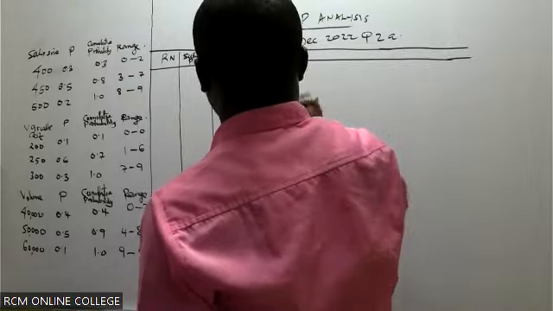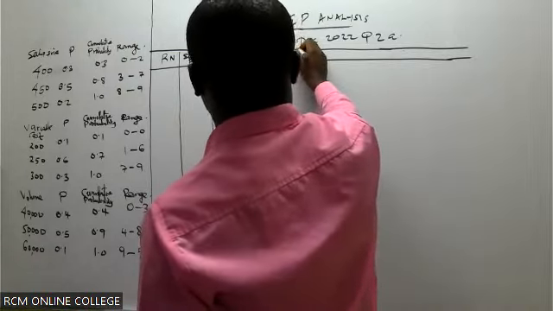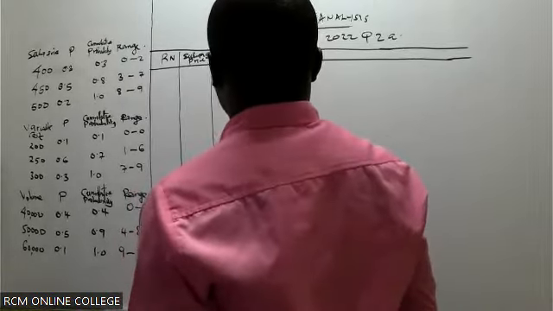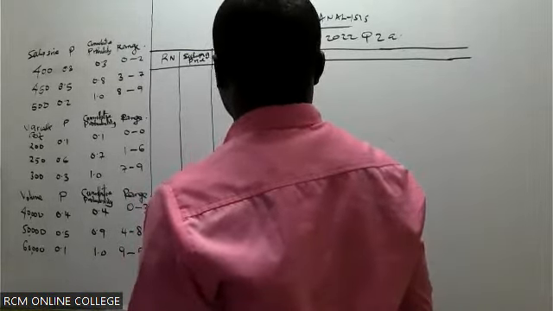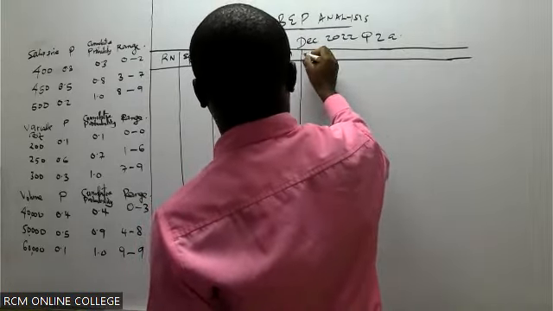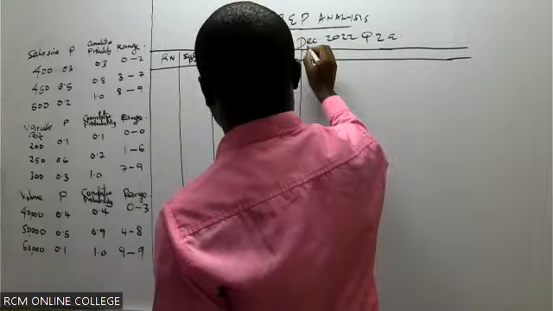This contribution margin, I need to subject it to what we call the quantity for me to be able to get total contribution. So I need to come here and get quantity. Quantity, of course, is the volume.